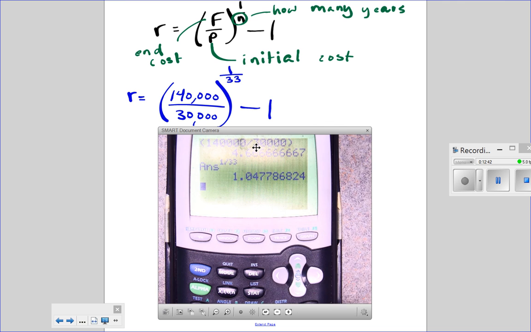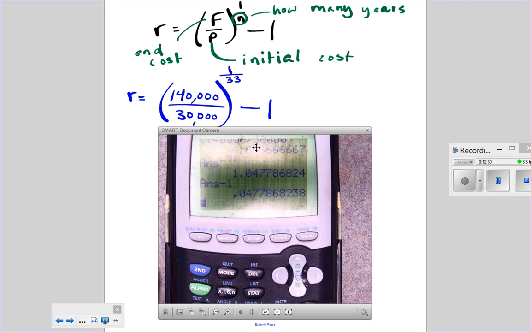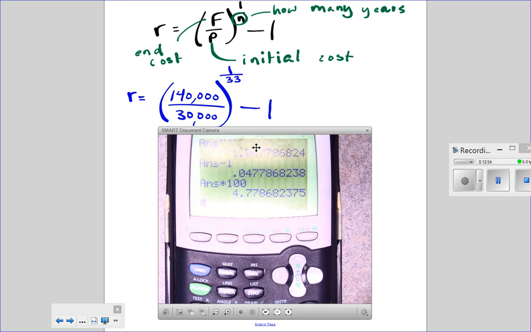So you get 1.04, we got to subtract 1 from that. And then what did we do after that to get the percent? Multiplied by 100. So we end up getting 4.7786. Hey, that's not bad. I like that. That's cool.